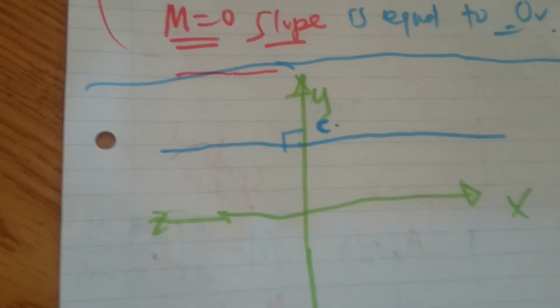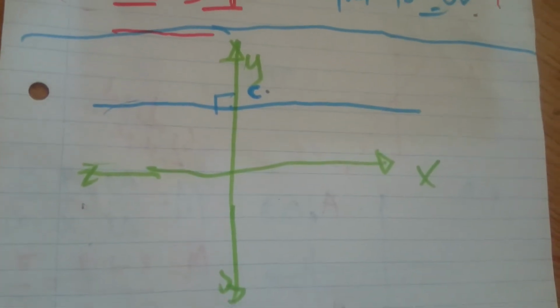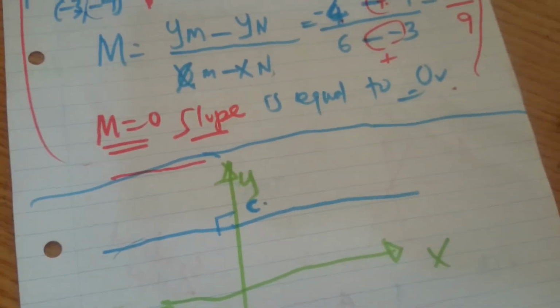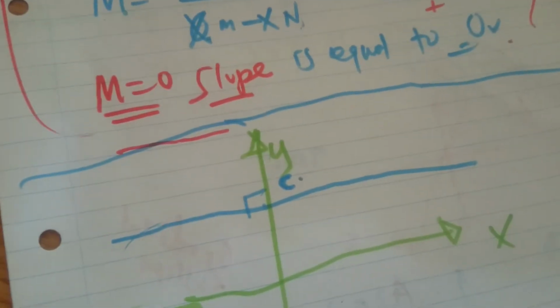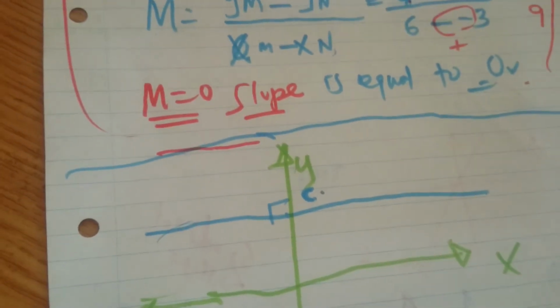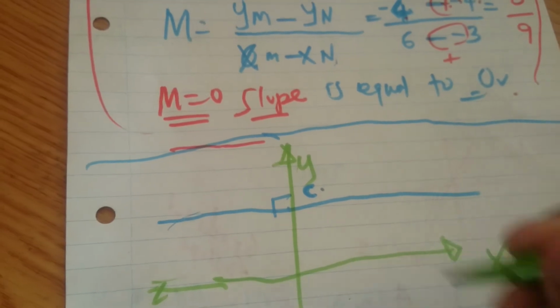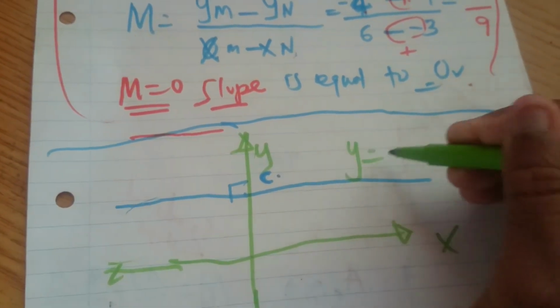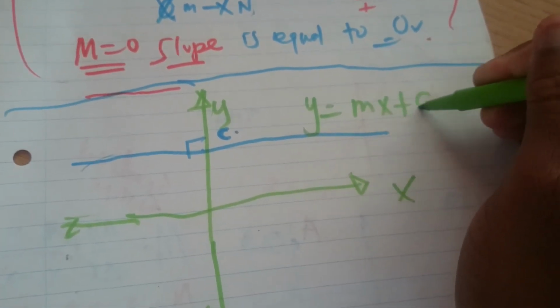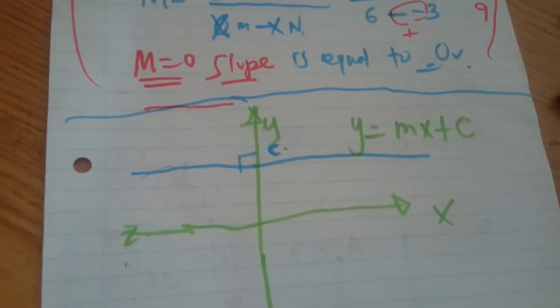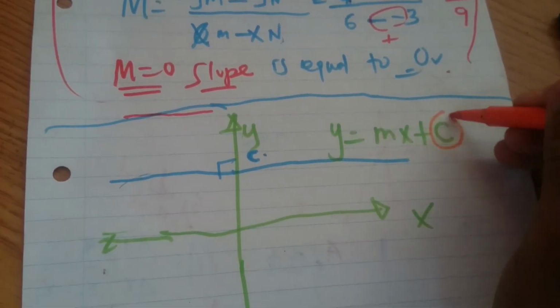I can prove it to you. For sure, c equals y, because c is the y-intercept. So where is it going to cut? It's going to cut at y and not x. C is always the y-intercept. If somebody gave you y equals mx plus c, this c is the y-intercept.